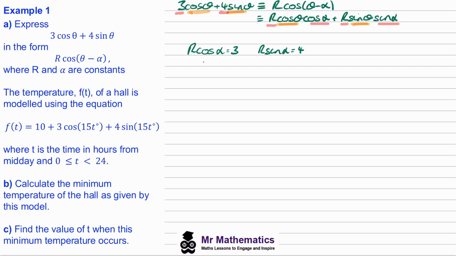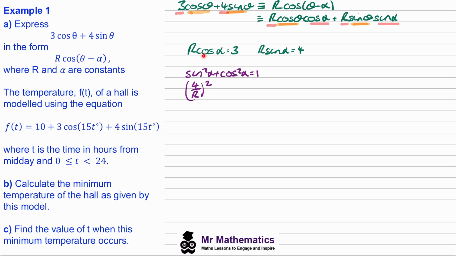Now to work out r, we can use the Pythagorean identity, where sine squared alpha plus cos squared alpha will equal 1. If we divide both sides by r, then the sine of alpha will be 4 over r, which we need to square.